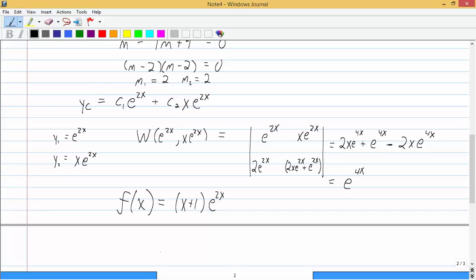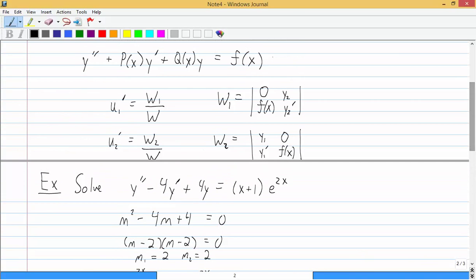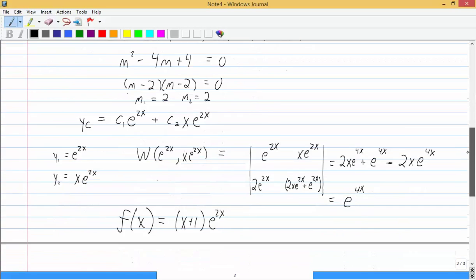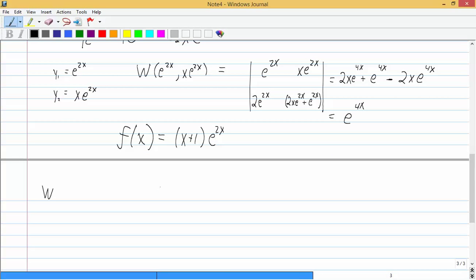So now that we know what f of x is equal to, we need to follow our formulas for w sub 1, we need to find that, and w sub 2. Then we're going to go back and we'll be able to solve for u sub 1 prime and u sub 2 prime. Alright, so I'm going to solve for w sub 1. With w sub 1, you need to remember that your first column is always equal to 0 and then f of x, whatever your function is.